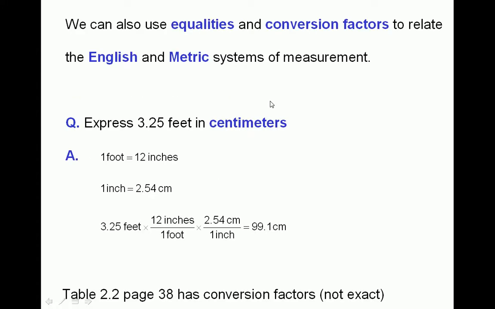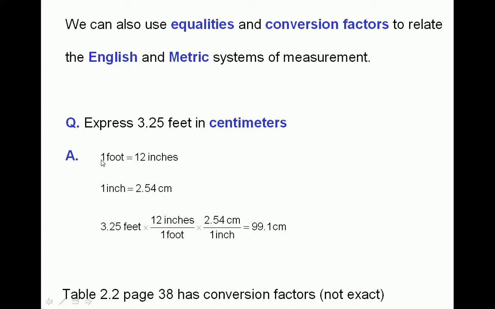Good. So all of those examples were using conversion factors and equalities to convert within a given system of measurement. But we can also use conversion factors to convert between different systems of measurement, for example, between the English system and the metric system. So a typical question might be express 3.25 feet in centimeters.